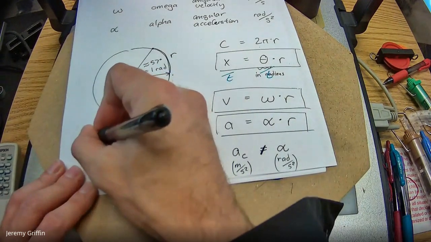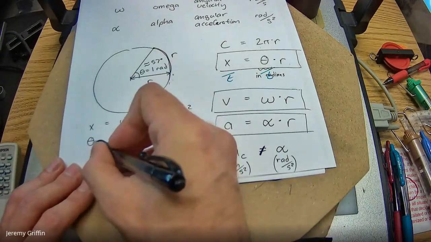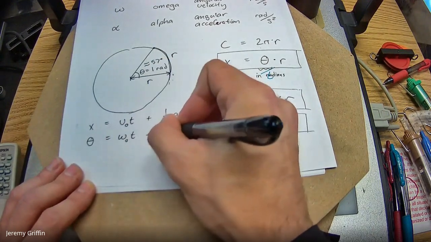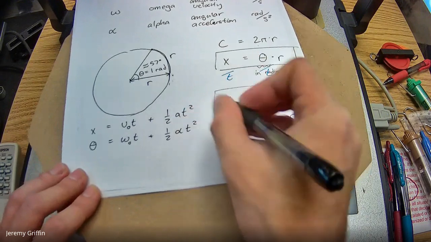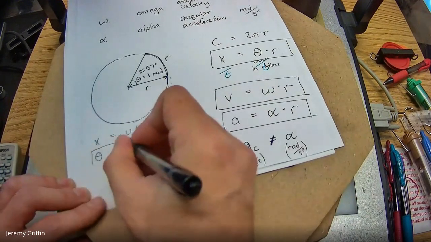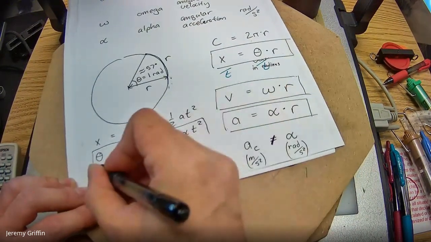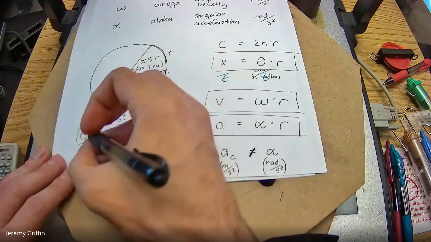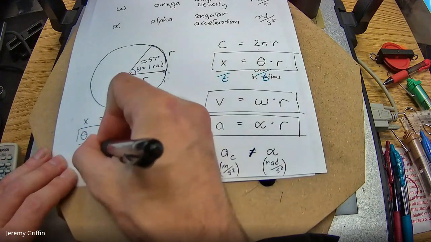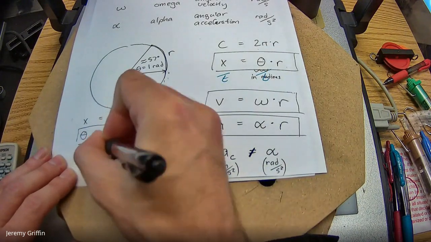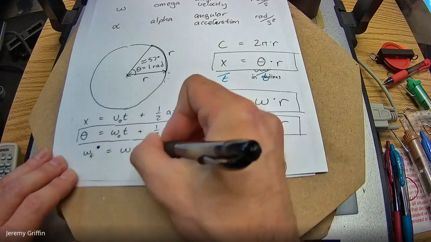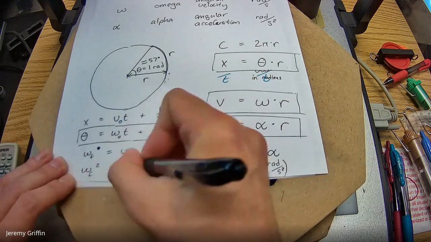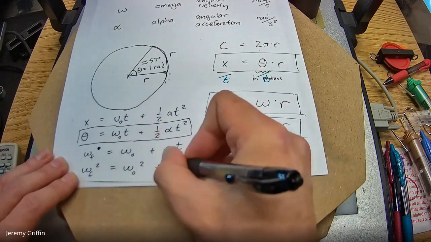For example, instead of how far in meters, you might say how far something turned in radians, theta, is equal to omega naught t plus half alpha t squared. Time is still time, so that one stays the same. But the other ones, you plug in the rotational equivalents. You guys see how you can start making these relationships? Just for completion, I'll do the other 2. Omega final equals omega naught plus alpha t. And omega final squared is equal to omega initial squared plus 2 alpha theta.